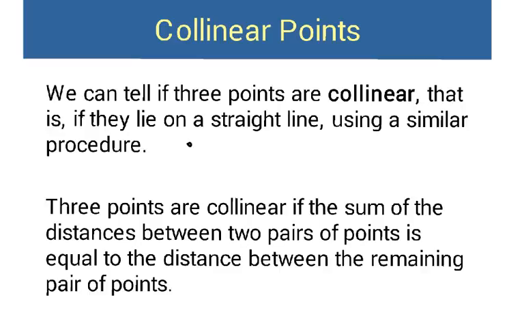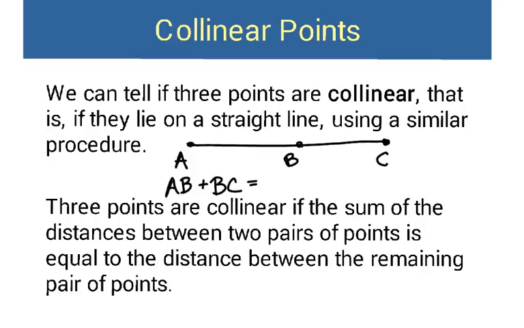So if we have a line something like this, say A, B, C, remember the segment addition postulate if you were with me in geometry? That applies here. So the distance of AB plus BC is equal to AC. So if this statement is true, then all 3 points are collinear.